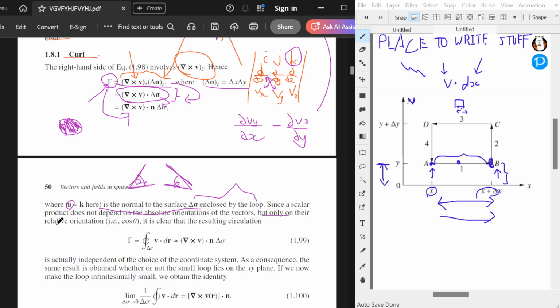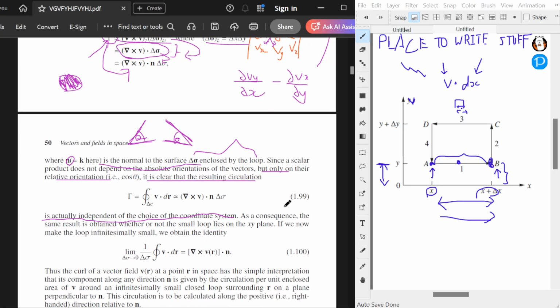It is clear that the circulation is actually independent of the choice of the coordinate system. As a consequence, the same result is obtained whether or not the small loop lies on the xy plane.